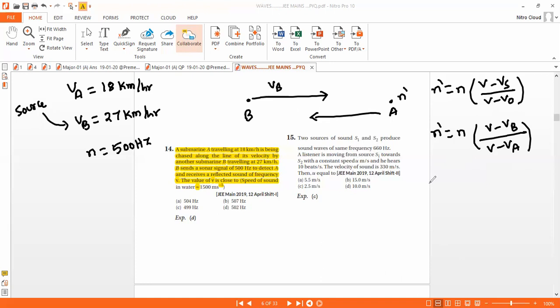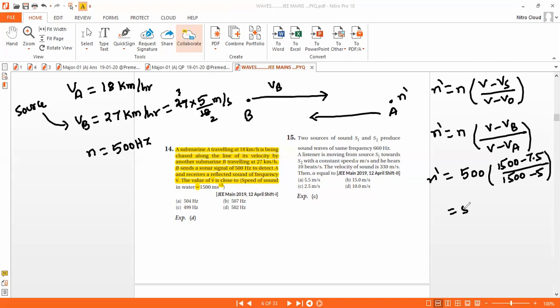So n dash is equal to the frequency, 500, times the speed of sound in water, 1500, minus Vb. We need to convert Vb: 27 into 5 by 18 gives 7.5 meter per second. So 7.5 by 1500 minus 18 means 5.